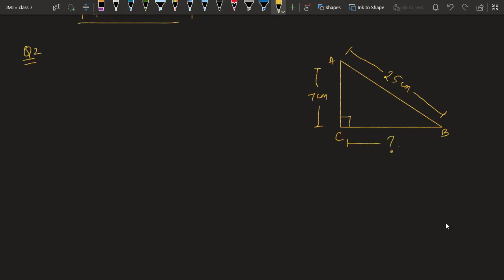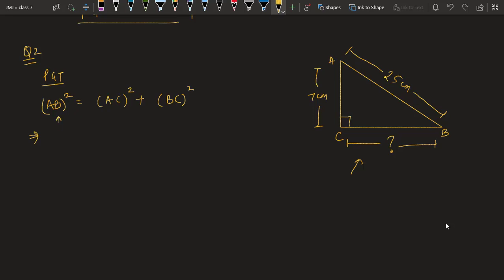This one is unknown. So again we will use Pythagoras theorem, and we know AB square, that is hypotenuse square, is equal to perpendicular square, which is AC square, plus base square, and base is BC. So BC square. Now put the values.